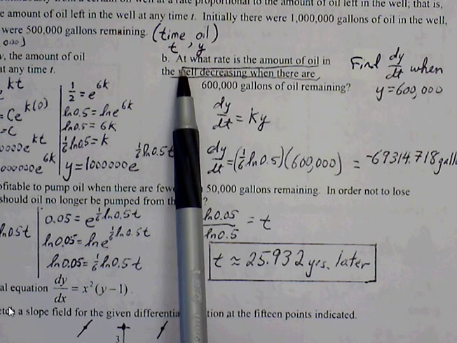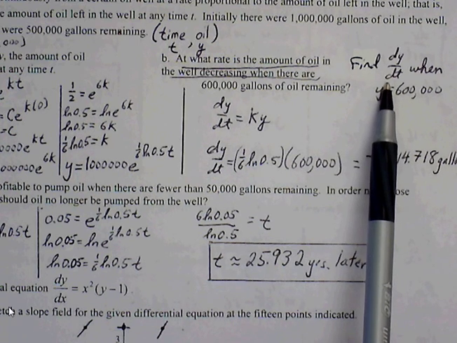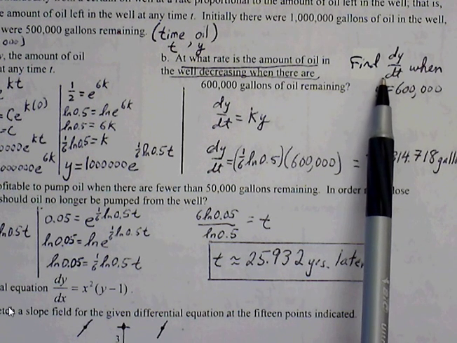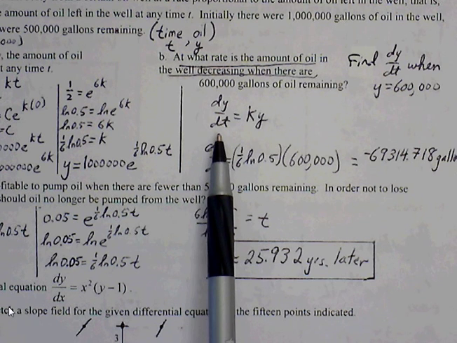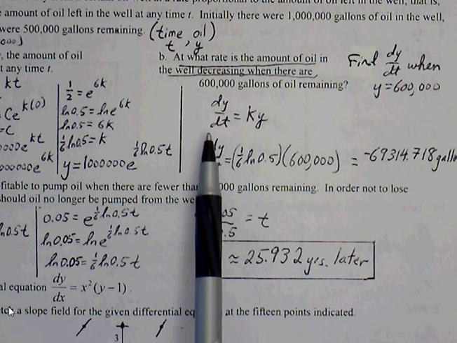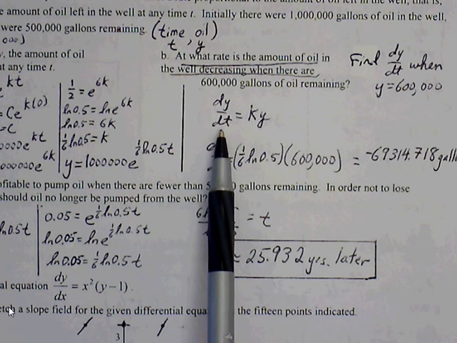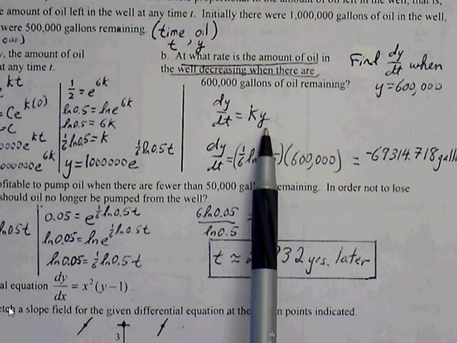But part B asks at what rate the amount of oil is decreasing, so we're trying to find dy/dt. The equation we have with dy/dt is the differential equation, dy/dt = ky.